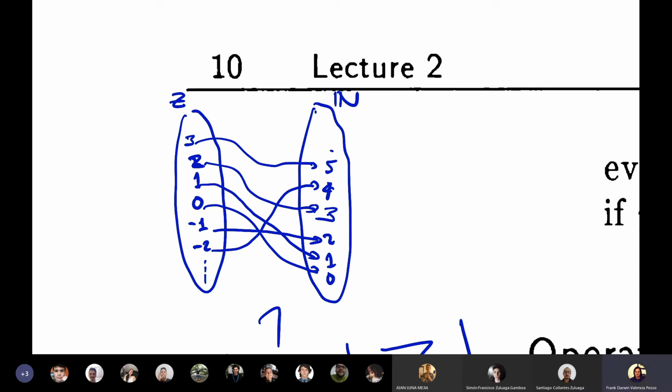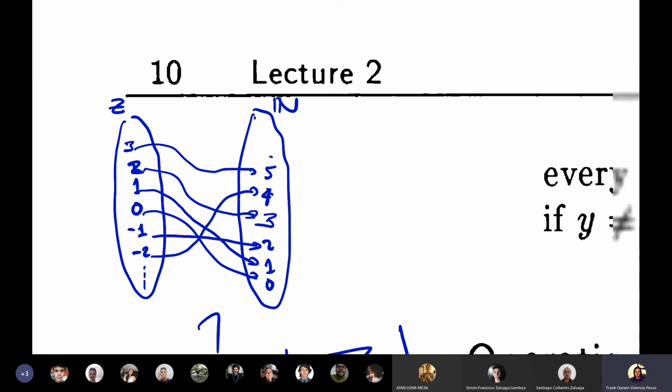And of course, you might wonder if you can do the same for other sets. And the answer is no, you cannot. For example, the real numbers do not have the same cardinality as the natural numbers.